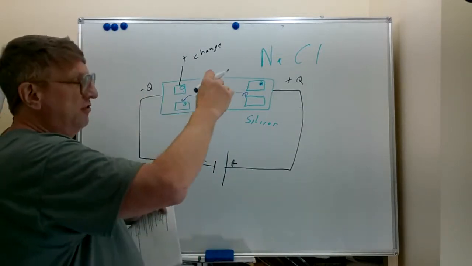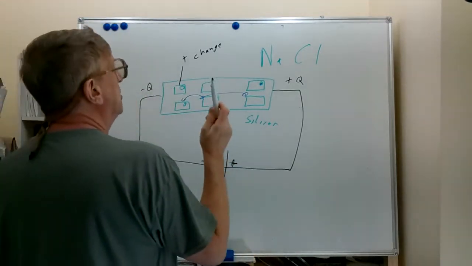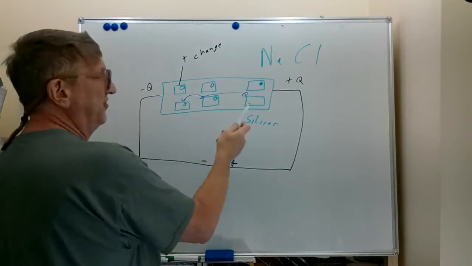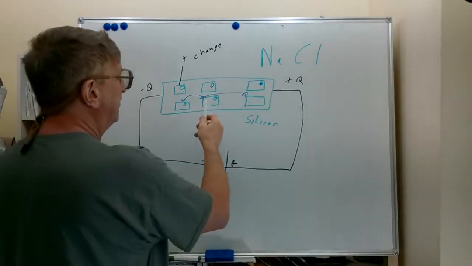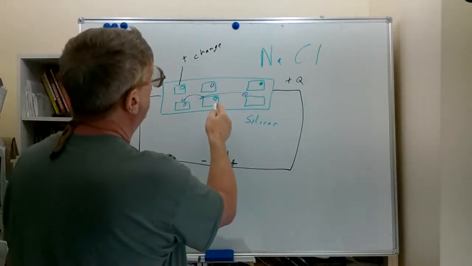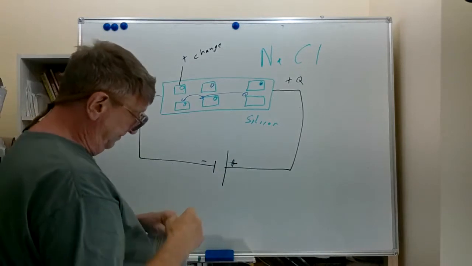So we have electrons moving from the negative to positive charge, but we have holes or missing electrons existing in each of these atoms which are moving in the other direction. When we fill a hole to the right, we create a hole to the left.